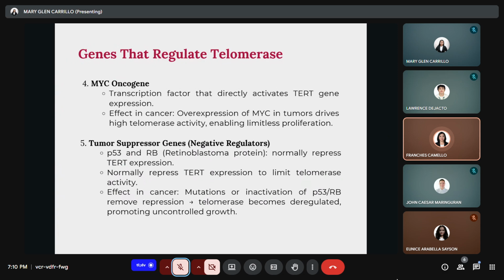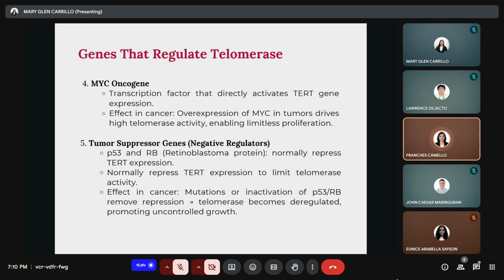For the fourth one, we have the MYC oncogene, a transcription factor that directly activates TERT gene expression. MYC is a powerful transcription factor often called the master switch of growth. Why is it called the master switch? It is because it can directly bind to the TERT promoter and activate its expression. So MYC has the ability to either switch it on or switch it off.